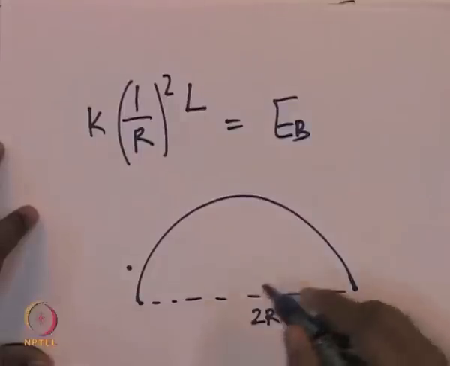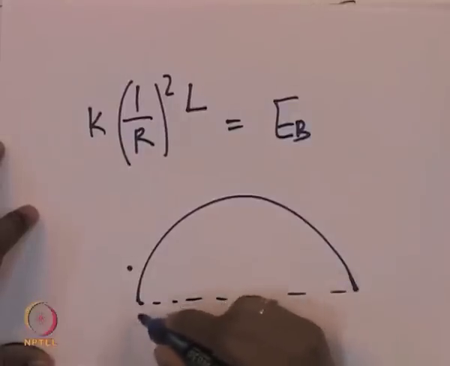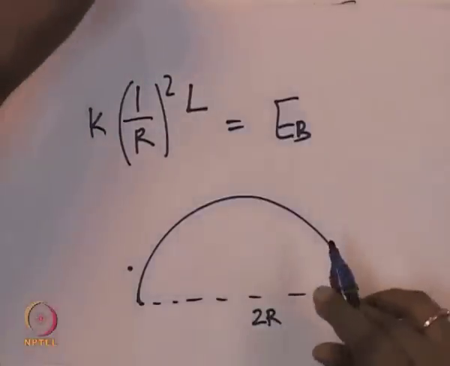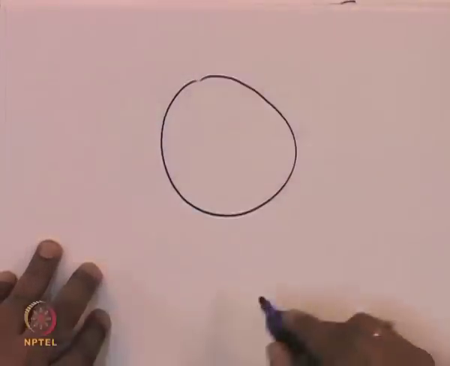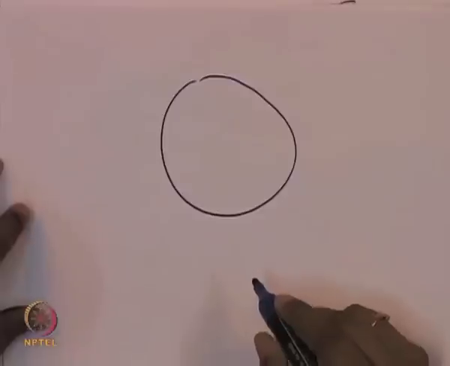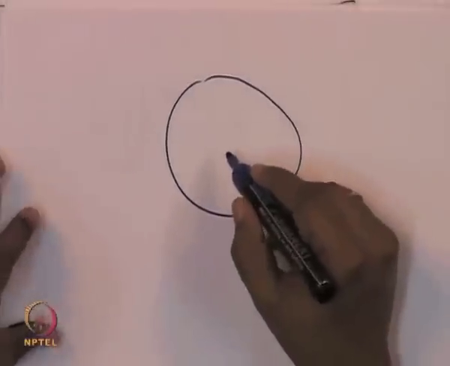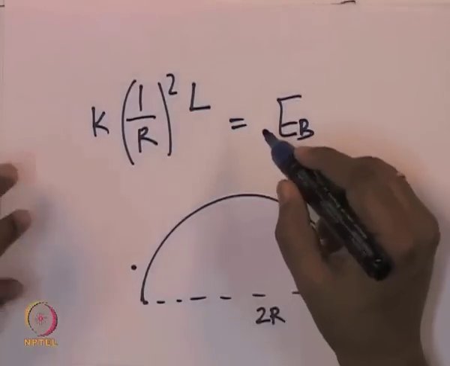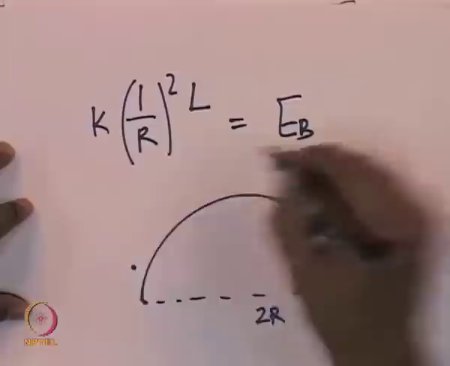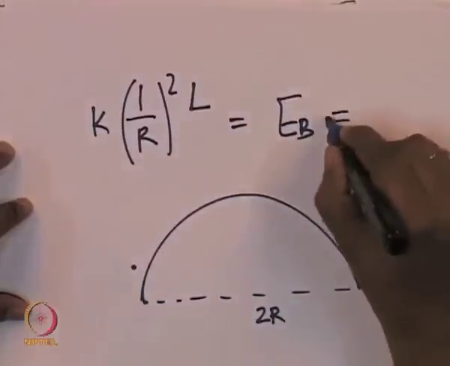So, let us draw this a little more carefully. Let us draw a circle. If you want to bend it to a circle of radius r, this will be the bending energy, and you can ask when this bending energy will be equal to kBT.